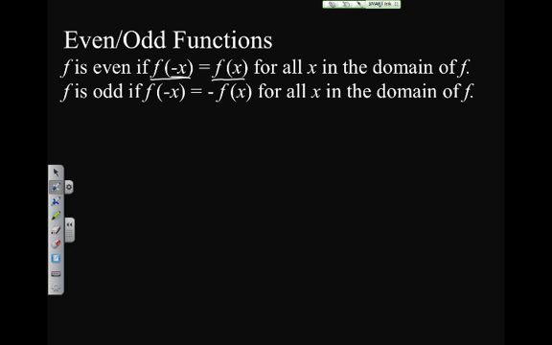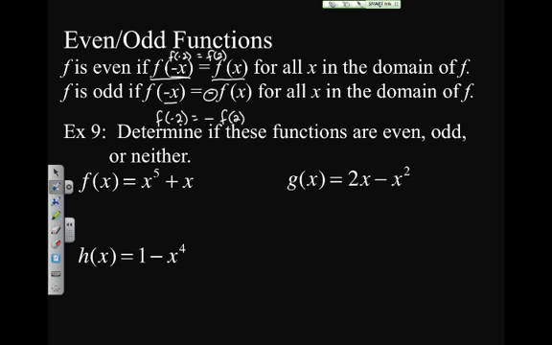The definition of an odd function is when you replace that x with a negative x, it changes the sign of the original function. So just as an example, for an even function, if you plug in f of -2, that will have to be equal to f of 2. Whereas for an odd function, if you plug in f of -2, it will be the opposite of f of 2. So that's the difference between an even function and an odd function.